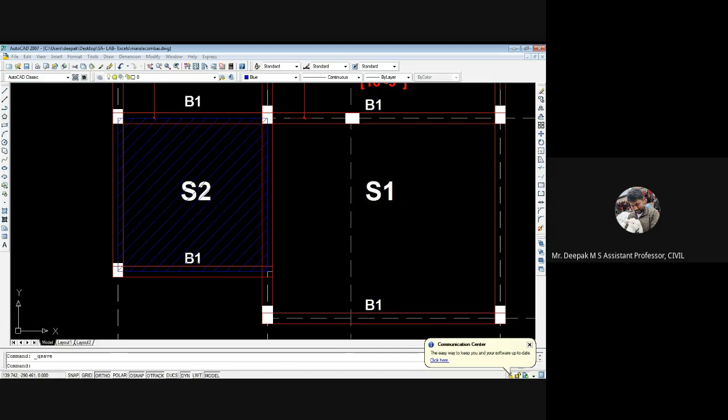We get PT, which is equal to 100 AST by BD. Now we determine the tau C or maximum shear stress value from table 19. Since PT is 0.251, we get the shear stress value as 0.36.